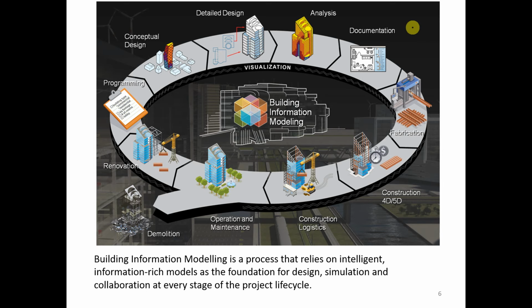Revit produces the model. Now, Revit produces the architectural model. It can also be used to produce or document the mechanical services. So essentially what happens is the architect produces the architectural model. That gets handed over to the mechanical people.